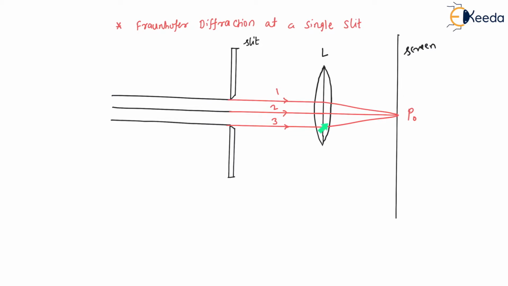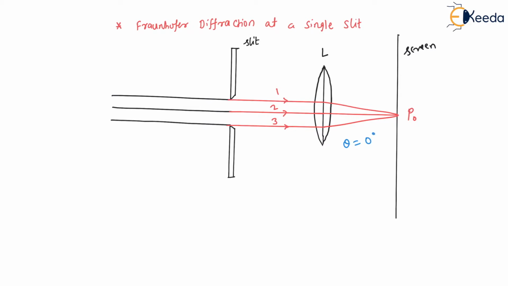Then again, for the third ray, it will be the same distance. So the first and third rays both will cover the same distance in the same time, so there will not be any path difference. So for these rays, the value of theta, that is the phase difference or path difference, will be 0.